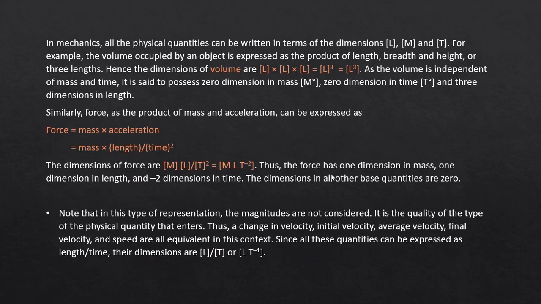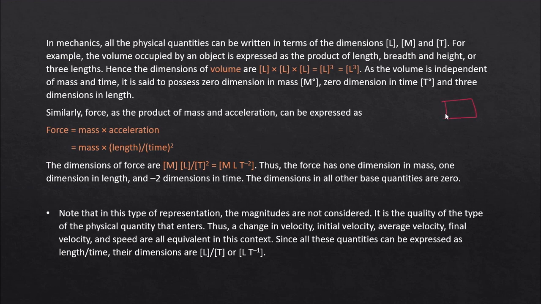Okay, so in mechanics, all the quantities can be written in terms of length, mass, and time. For example, let's take the volume. So volume occupied by an object is expressed as the product of length, breadth, and height, or you can say the 3 lengths.